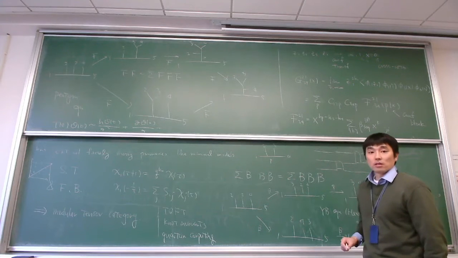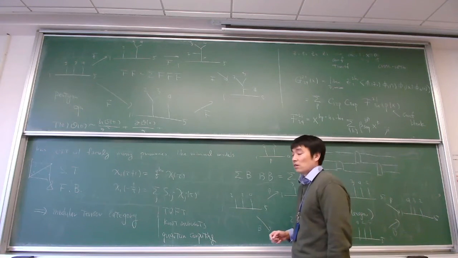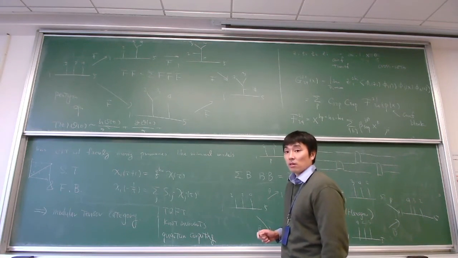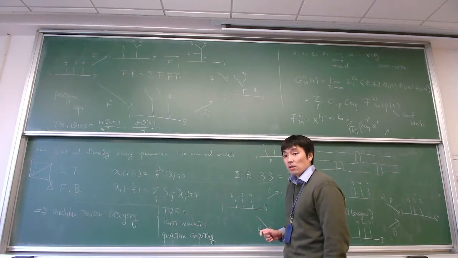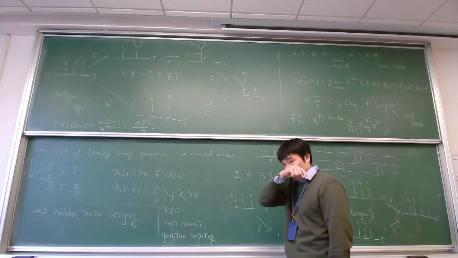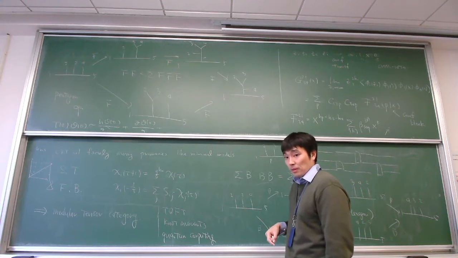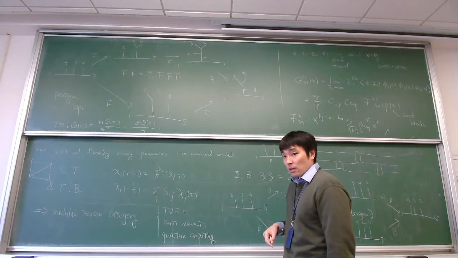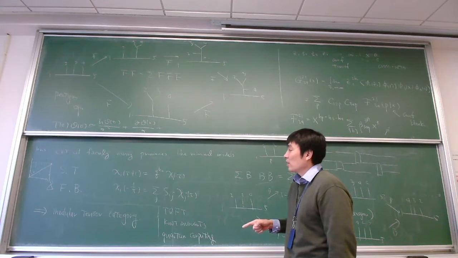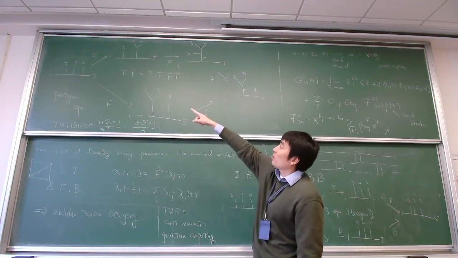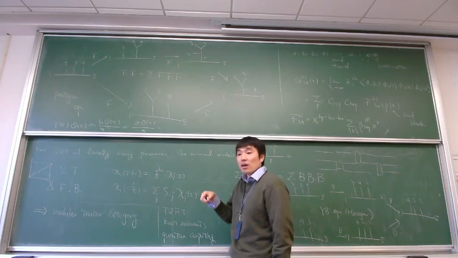Also, the S matrix, T, F and B, these four matrices are determined by conformal field theory, and of course for all the conformal blocks you need the data of primaries.